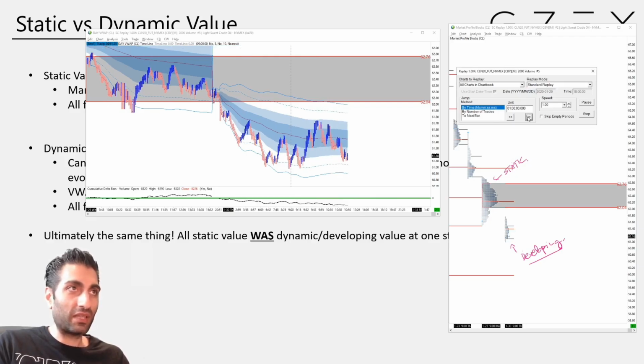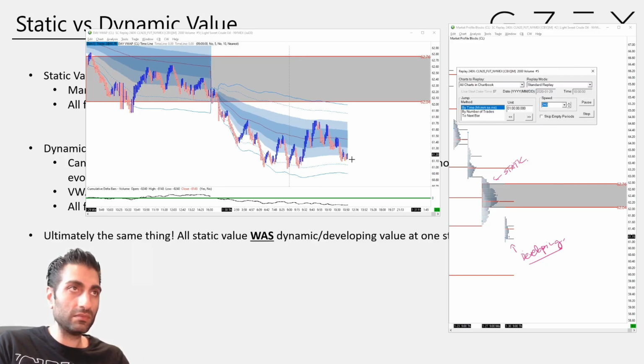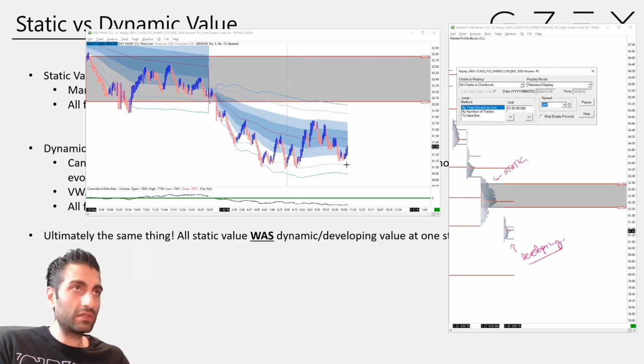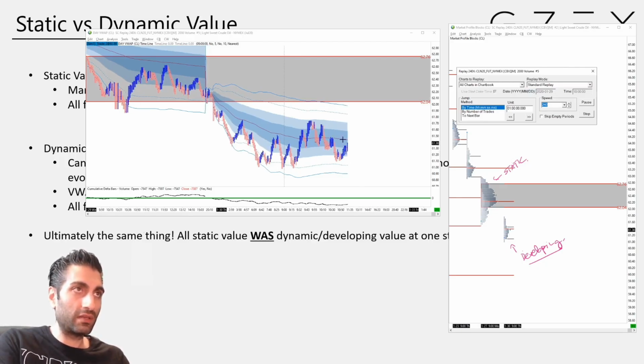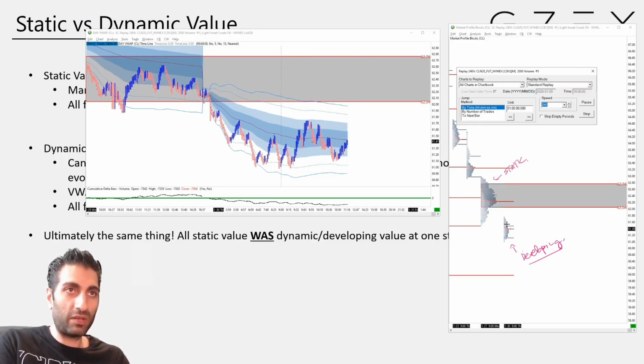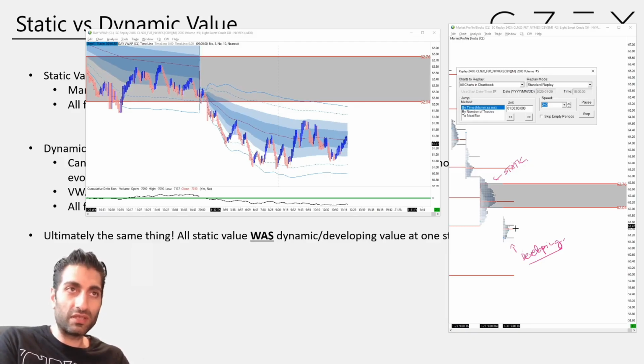And if we carry on the day, do you see we're developing? This profile's changing. Let's let it play for a few seconds. I'll just speed it up a little bit. You can see it. Essentially, this is changing, and look, it's developing. I showed you this in the VWAP section.